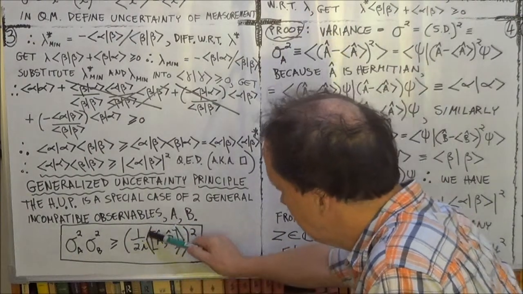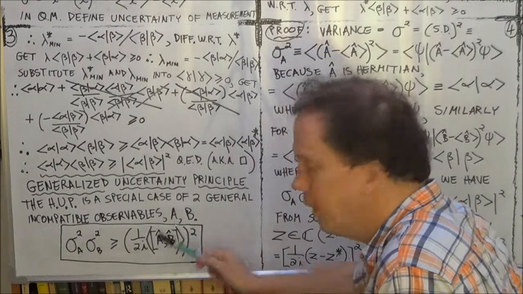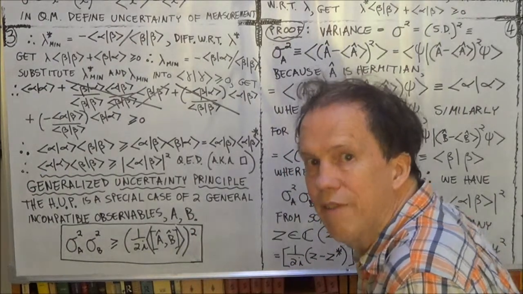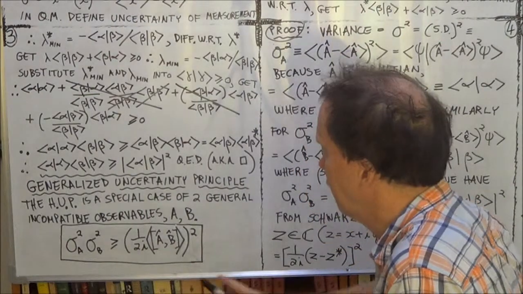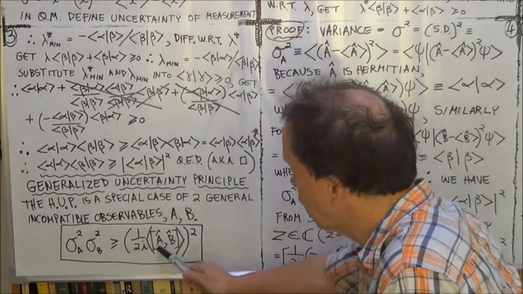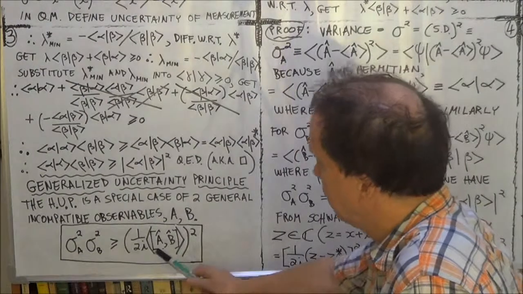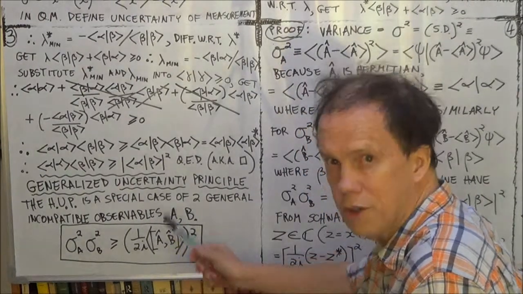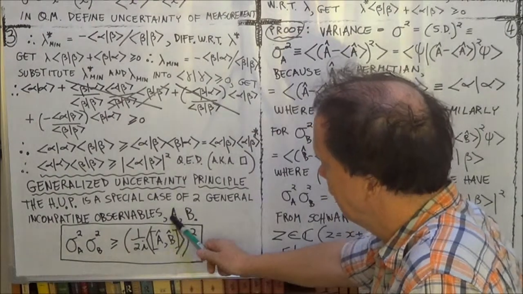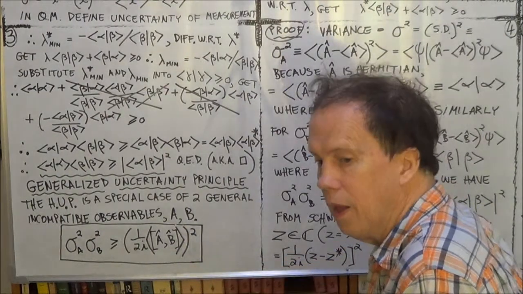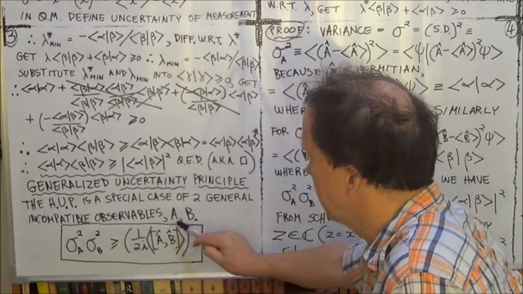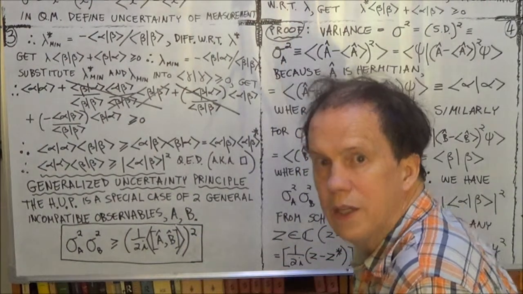And then notice these angular brackets here. We're talking about the expectation value, in other words, the average value of, well, the commutator of A hat and B hat. Remember, A hat and B hat are the corresponding operators of these variables, A and B, and that operator is what you use in the variable's eigenequation.